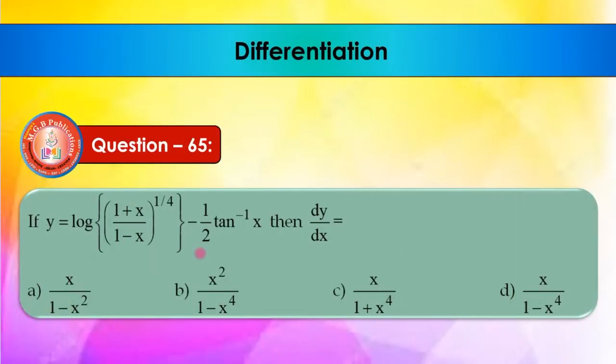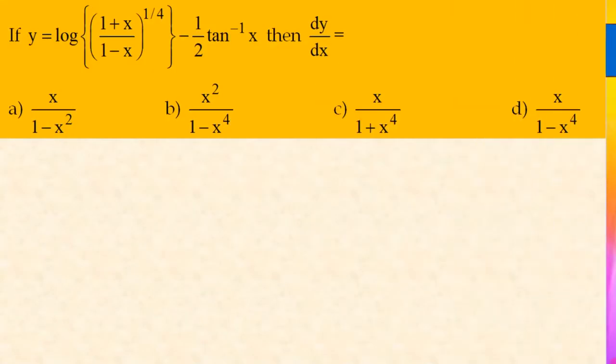Dear students, see the question number 65. Read the question and write it. The question is, if y is equals to log of ((1 plus x) divided by (1 minus x)) whole power 1 by 4 minus 1 by 2 into tan inverse x, then dy by dx is equals to.